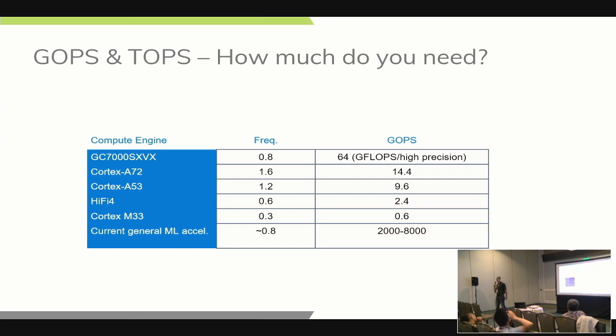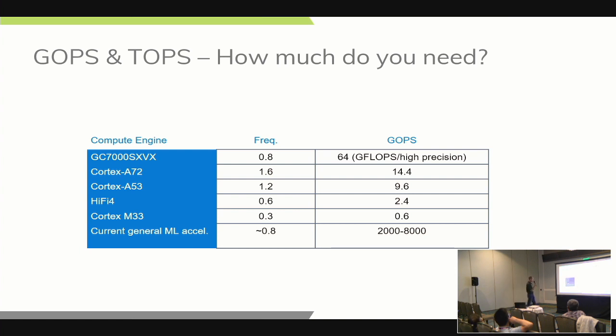When I hear people talking about 2 TOPS or 8 TOPS or 20 TOPS, I always have to say, well, what are you trying to do exactly? Maybe it's high performance object detection, where you're trying to recognize thousands of objects as you're driving down the road, so maybe an ADAS type application.